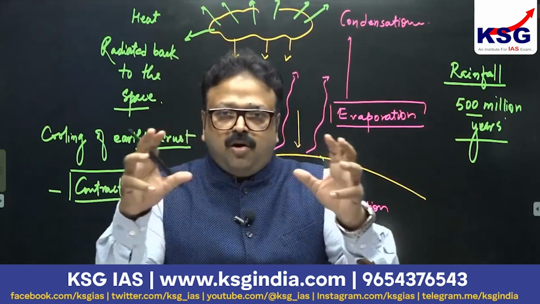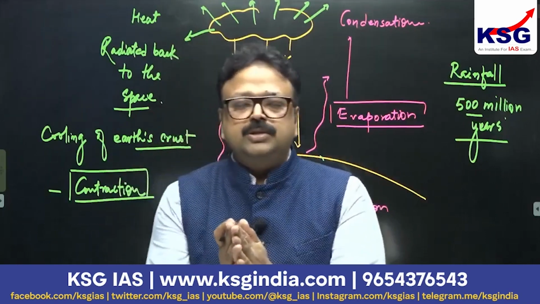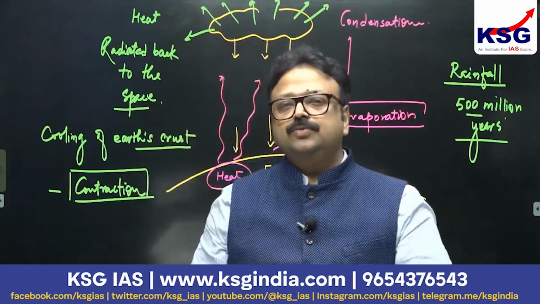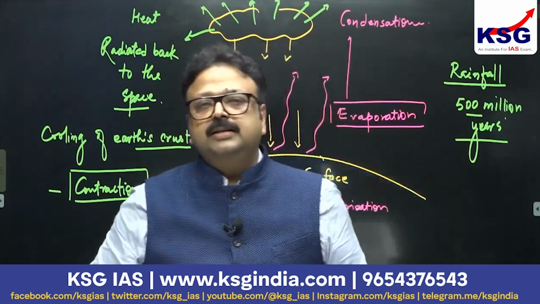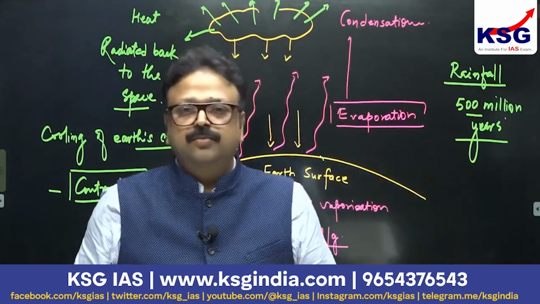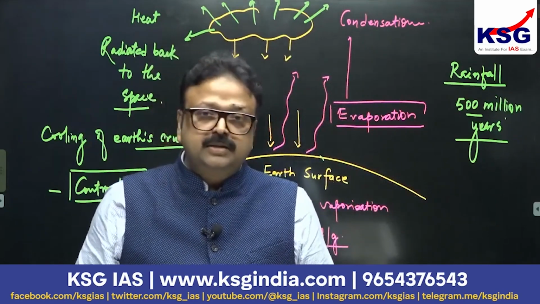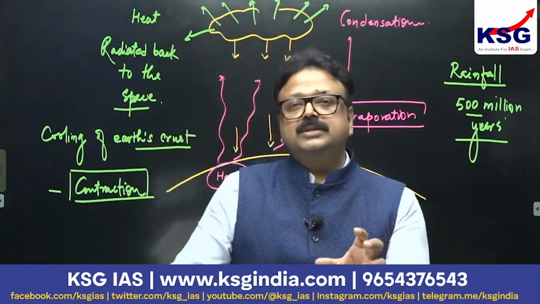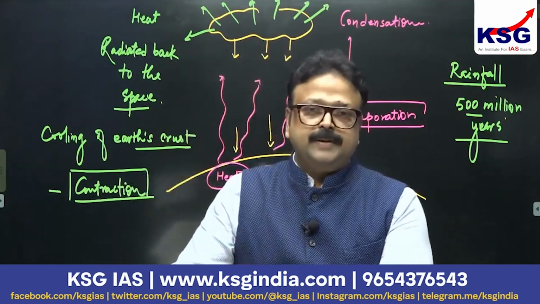And when all these things were happening in a reducing atmosphere, there was one thing more which was going on, and that is called chemosynthesis of life. That means this entire process has led to the formation of life.